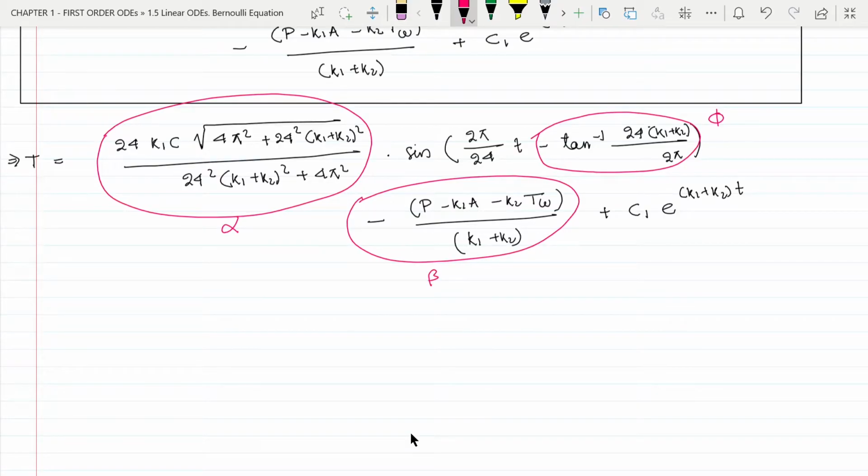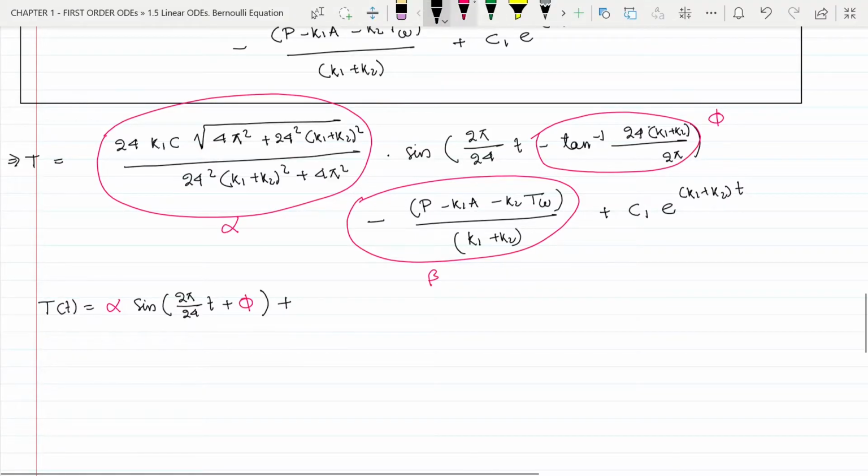Then this equation can be written as T of t equal to alpha sine 2 pi by 24 t plus phi, plus beta, plus c1 e to the power k1 plus k2 t. Now let us see alpha, beta and phi.